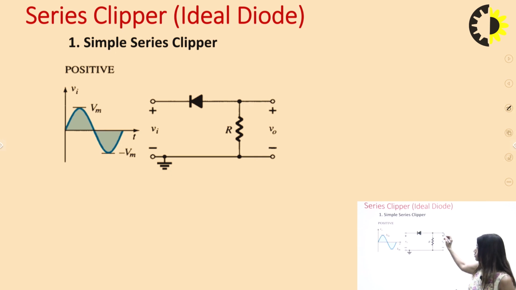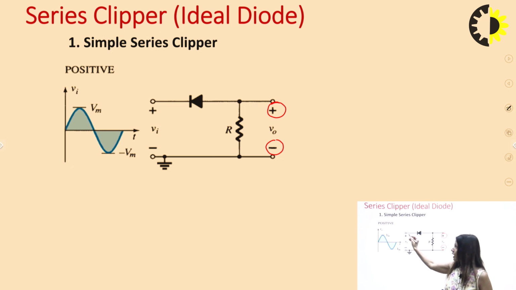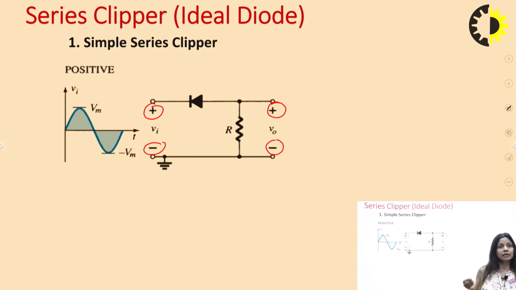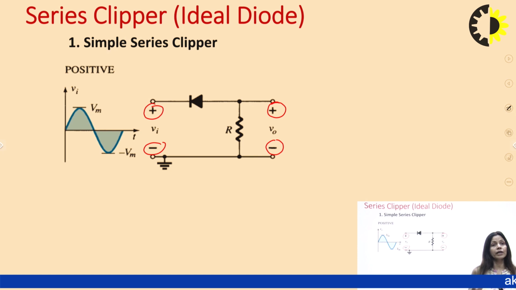In my convention, I always use positive at the upper side and negative at the lower side of the circuit. Similarly, I would like to have positive and negative here, positive at the upper side and negative at the lower side. Now, in reference to that, I will see the waveform, and whether the diode is forward or reverse biased.